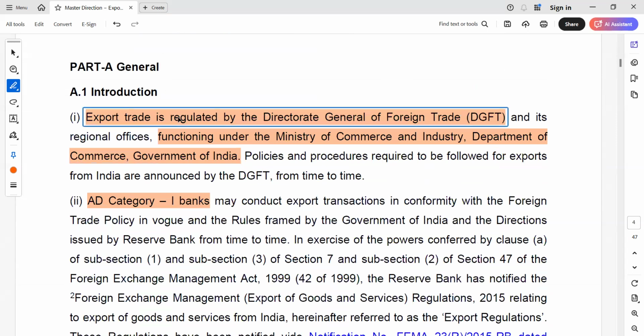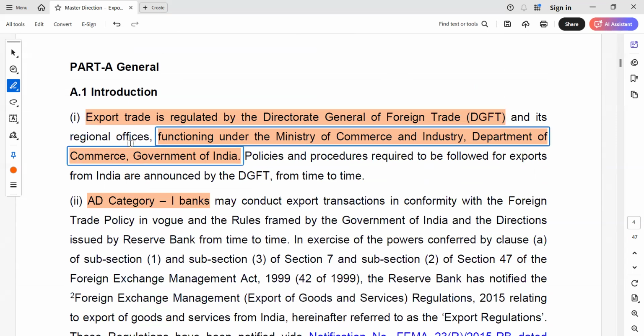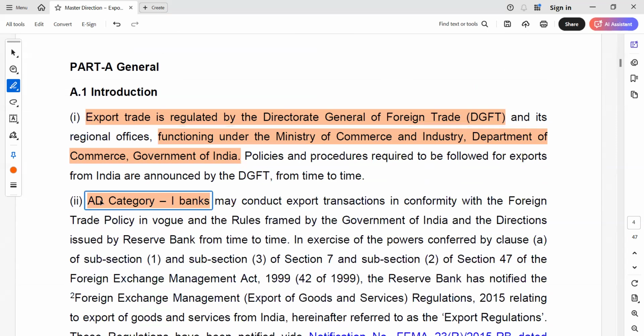So first, export trade is regulated by the Director General of Foreign Trade. So DGFT is regulating the export trade, and its regional offices function under the Ministry of Commerce and Industry, Department of Commerce, Government of India. So an AD Category 1 bank may conduct export transactions in conformity with the foreign trade policy in vogue, the rules framed by the Government of India, and directions issued by Reserve Bank from time to time.